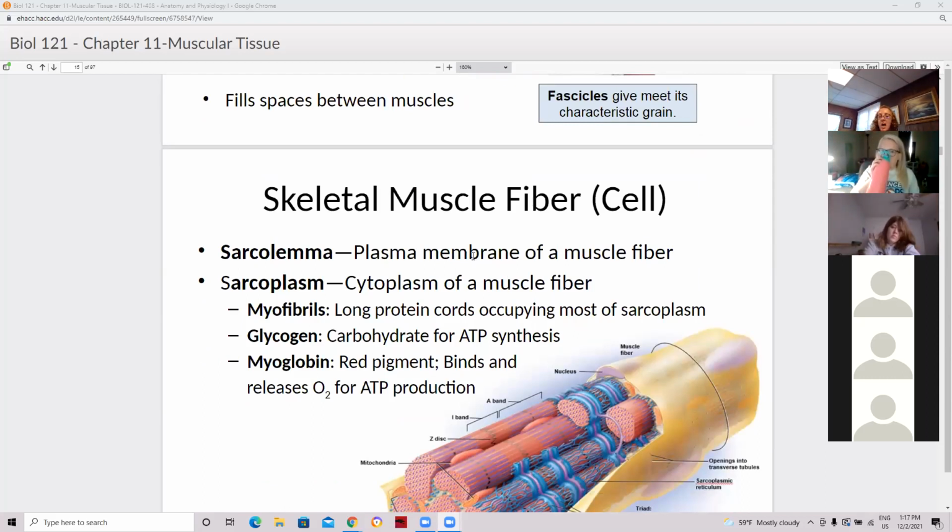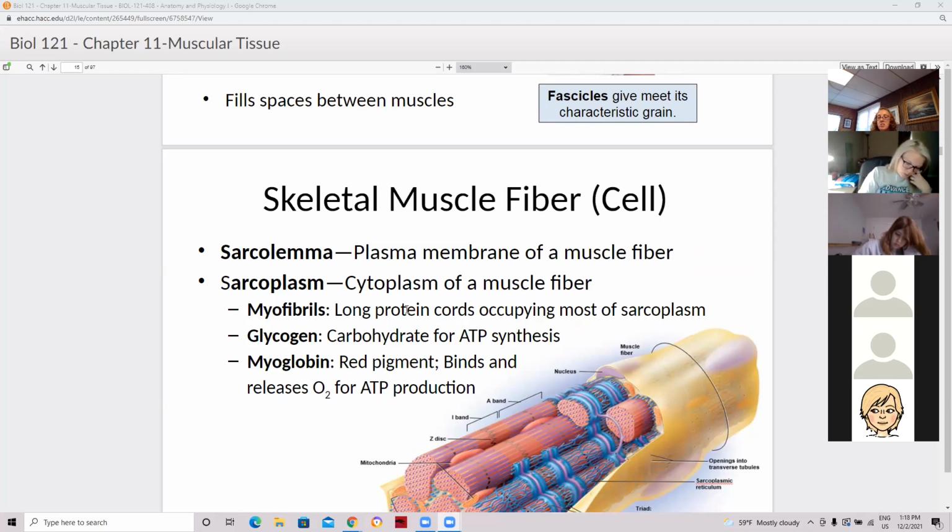Skeletal muscle has a sarcolemma. Do you remember what lemma meant? We talked about a neurolemma and an axolemma when we talked about the nervous system. Like a covering. Yeah, it's the plasma membrane. You're right, Claire. It's a covering. So sarco means muscle, and sarcolemma means the plasma membrane of the muscle fiber.